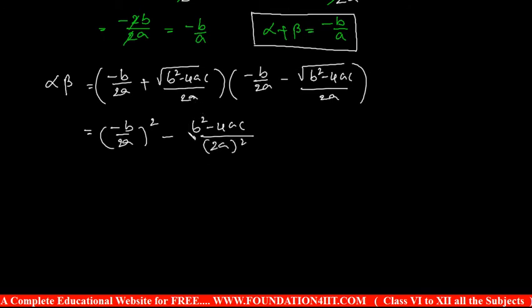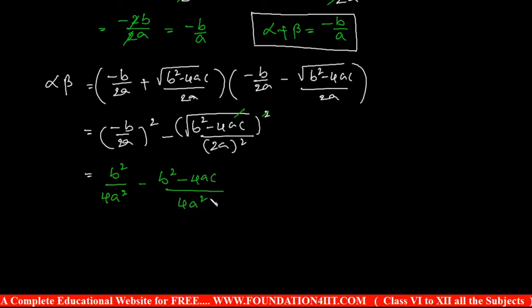Square and root cancel. Simplifying, minus b by 2a whole square is b square by 4a square, and the other term is b square minus 4ac by 4a square.